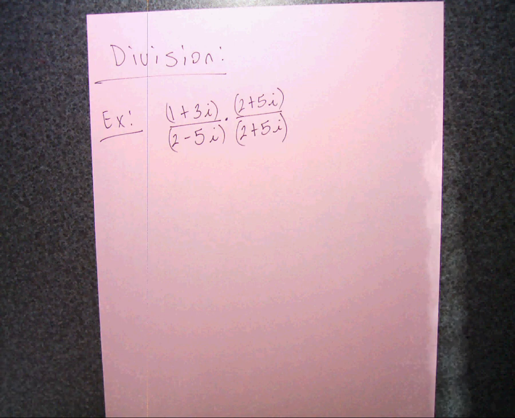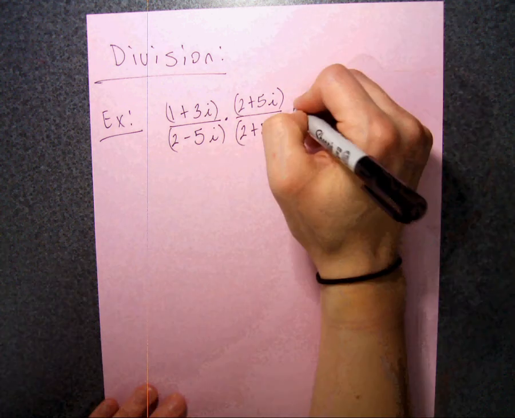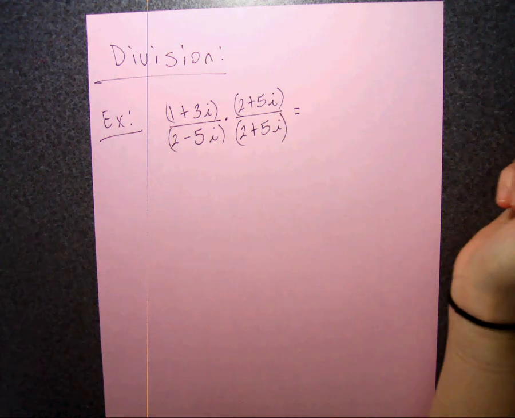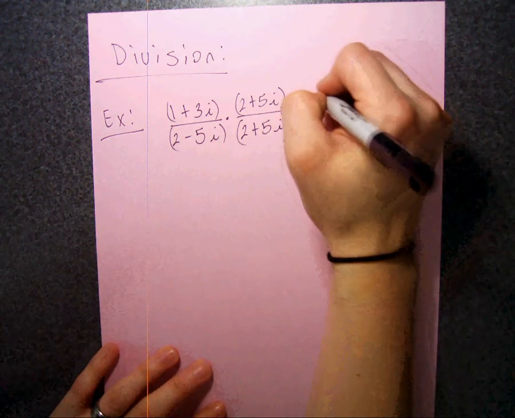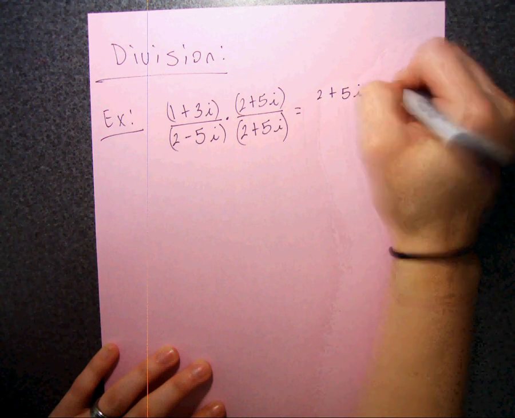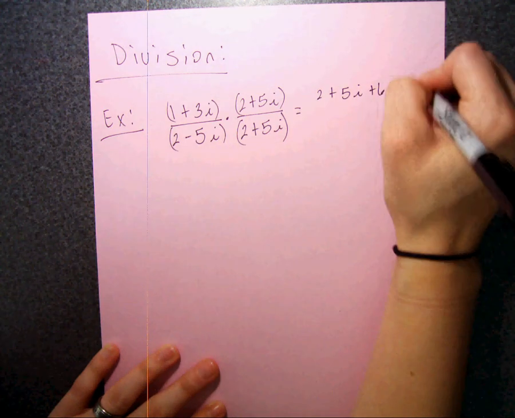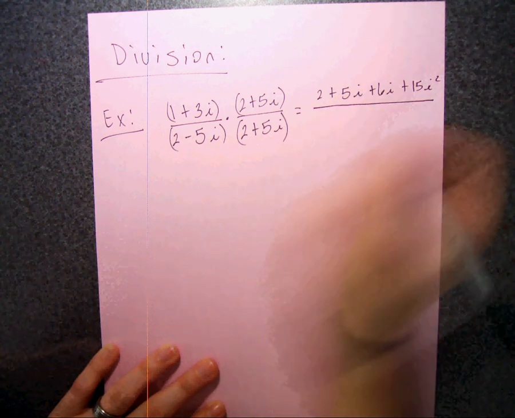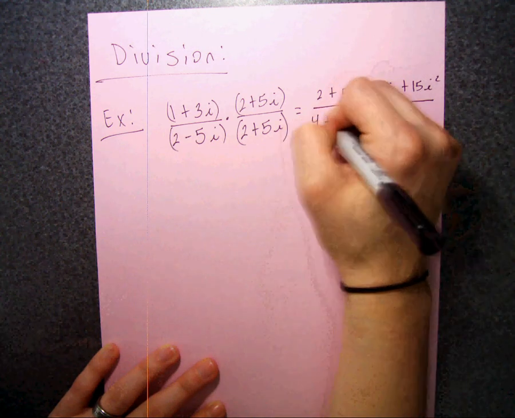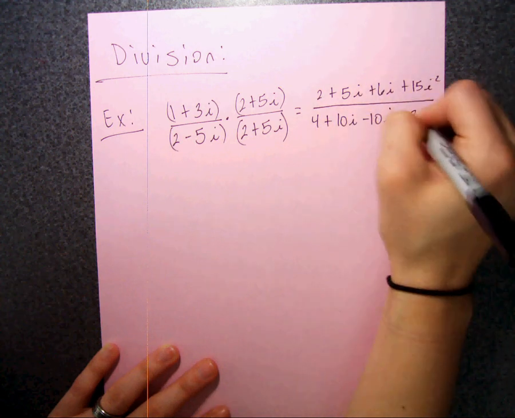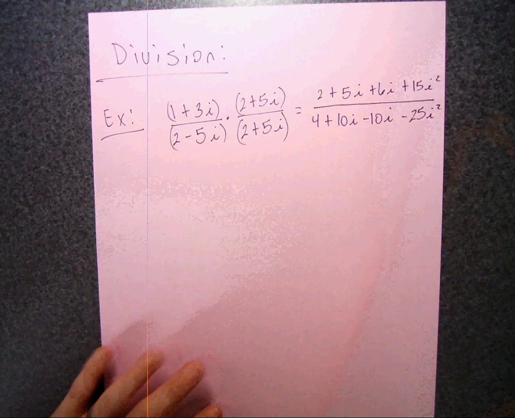If I distribute, I end up with 2 plus 5i plus 6i plus 15i squared over, on the bottom, I get 4 plus 10i minus 10i minus 25i squared. So we simplify the top, simplify the bottom, and write it in standard form.